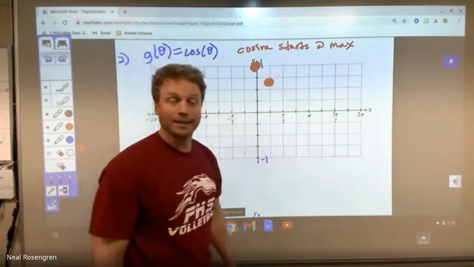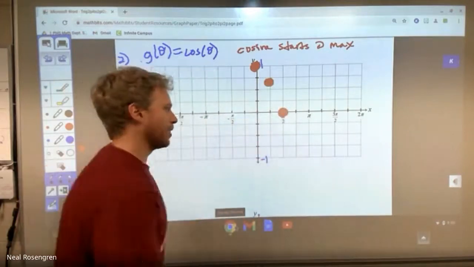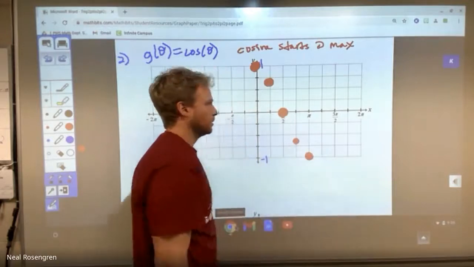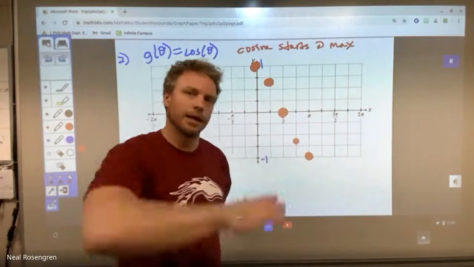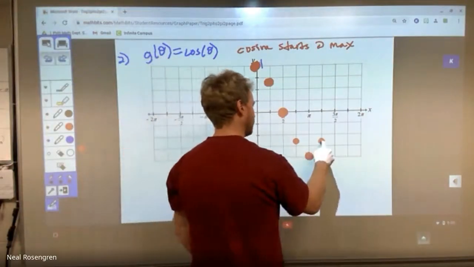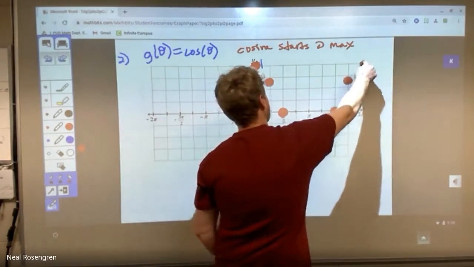And then at pi over 2, x is 0. And then negative 0.707. And then when we get to pi, we're down at negative 1, because that's the x value at 180 degrees. And then back up we go: negative 0.707, 0, 0.707, and then 1.